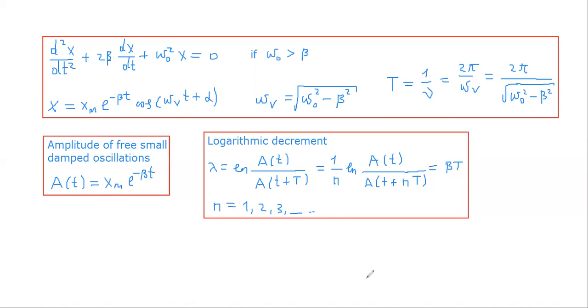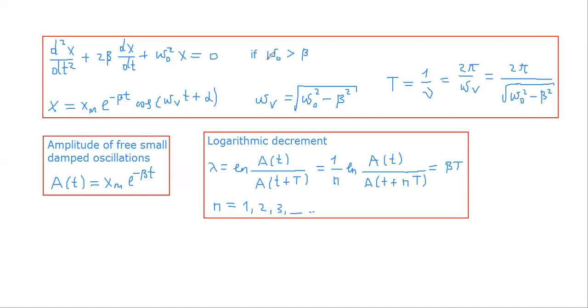Logarithmic decrement shows how fast damping is, how fast the amplitude of damped oscillations decreases. And what is necessary to say?